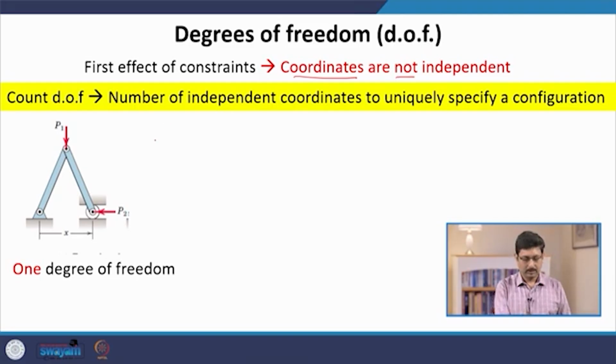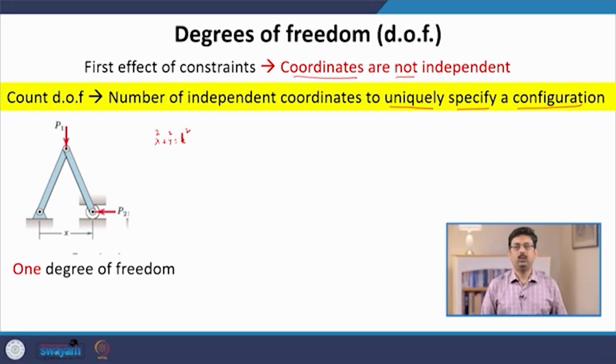For example, in a pendulum problem, you have two coordinates to describe the position of the bob, and they are related by this constraint equation, so only one of them can be independent. So, you count the number of independent coordinates required to uniquely specify a configuration.